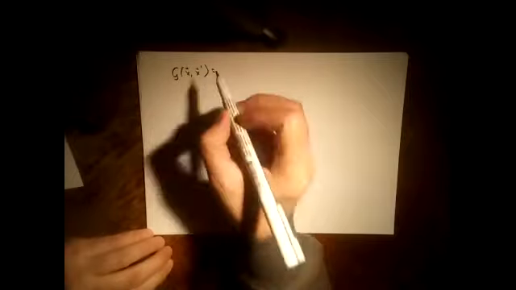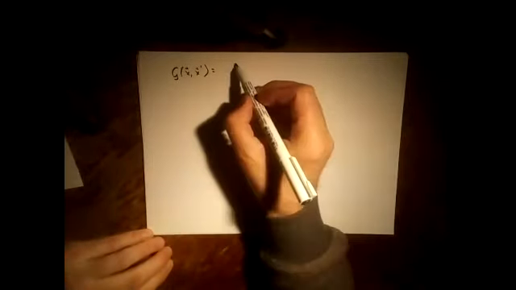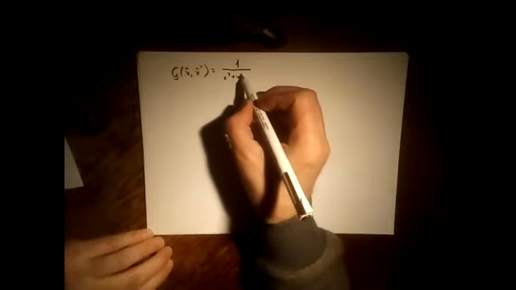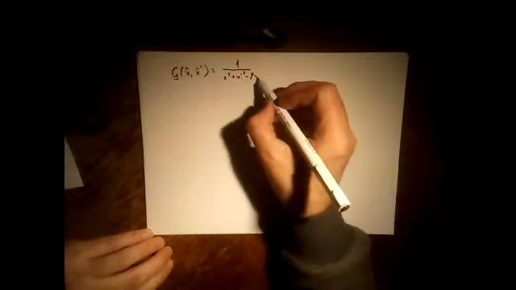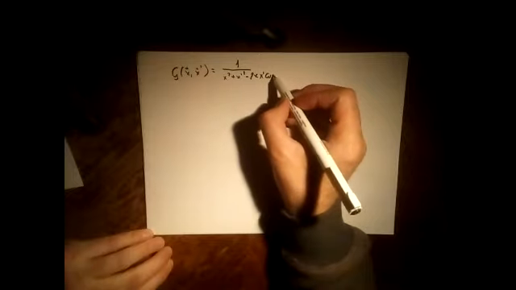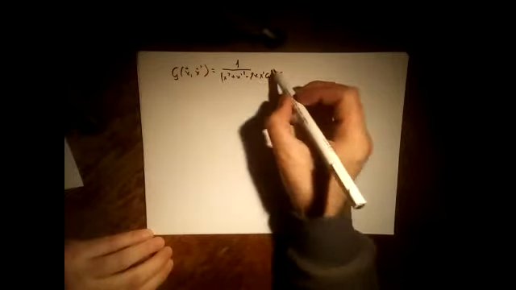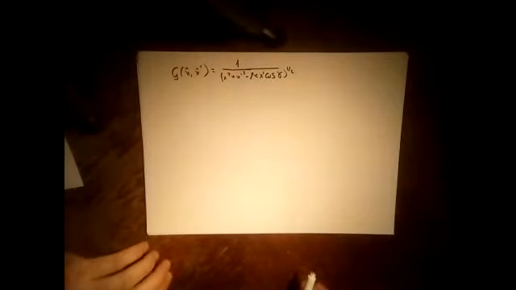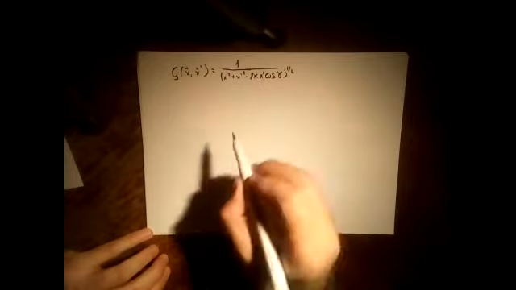So the Green's function, but I'm going to write it in a different form. 1 over x squared plus x prime squared minus 2x x prime cosine gamma, to the power 1/2. Okay, I hope that's reasonably readable.